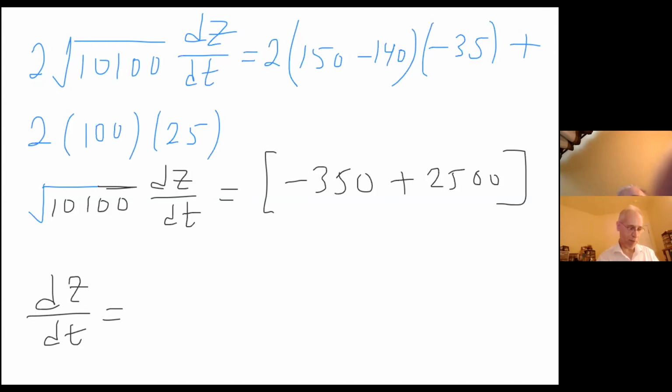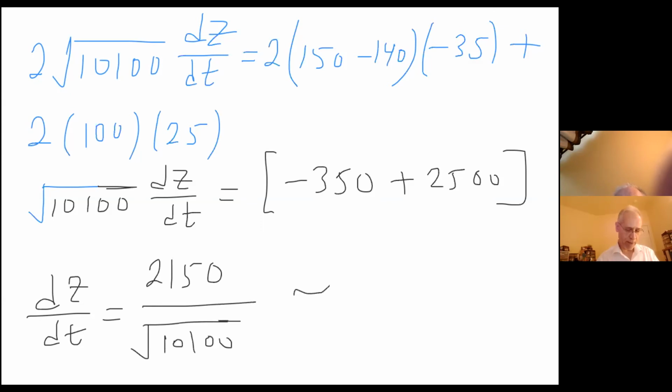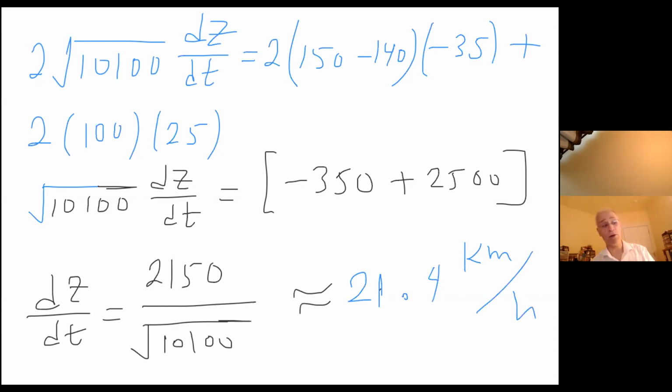So this gives me 2150 divided by the square root of 10100, and that roughly gives 21.4 kilometers per hour.